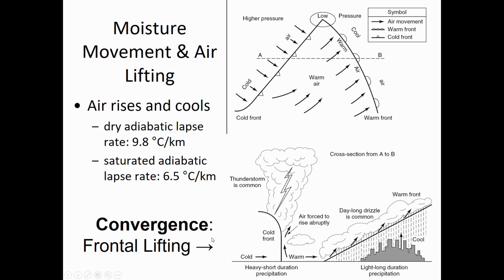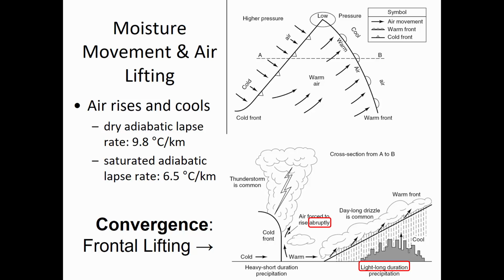Okay, so that's convergence. And the book has some important descriptions of each of these three phenomena. I'd encourage you to follow along in the textbook and read more about the forces that cause rainfall. I'll draw your attention to the difference between abrupt rise in air, which causes a thunderstorm with a lot of energy and high intensity, and the light, long duration precipitation, where the warm air is naturally, in a slow way, gradually rising up on top of the cool air rather than being forced by the encroaching cold front.